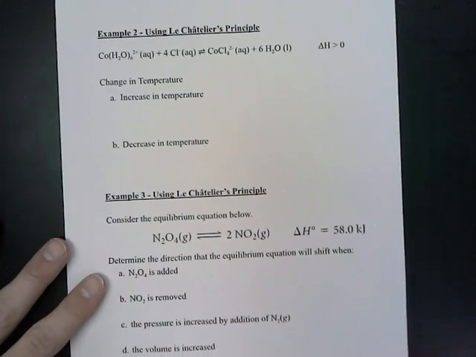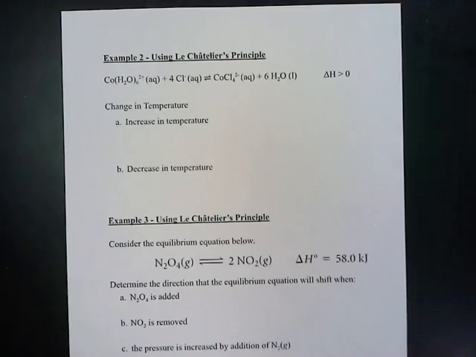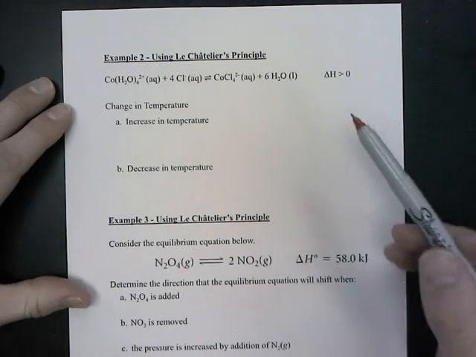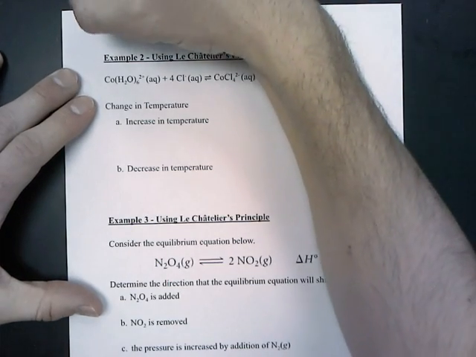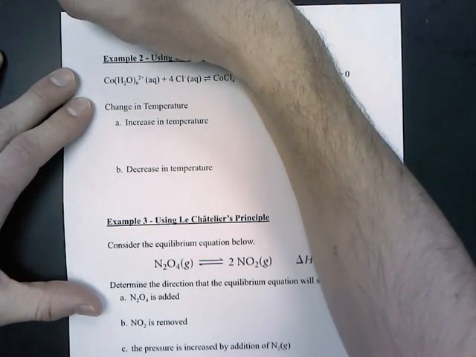All right, one thing that wasn't talked about in that first example was what happens when we have heat. How does that affect the equilibrium? Before we get into the details of this example, I want to put one thing up top here at the margins.